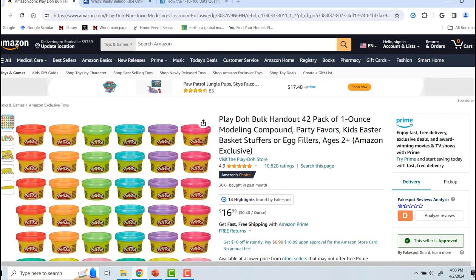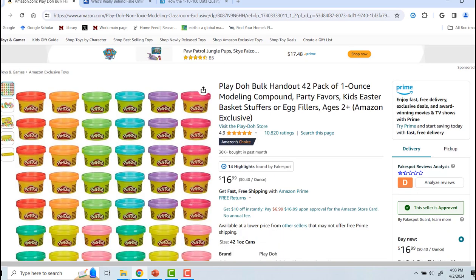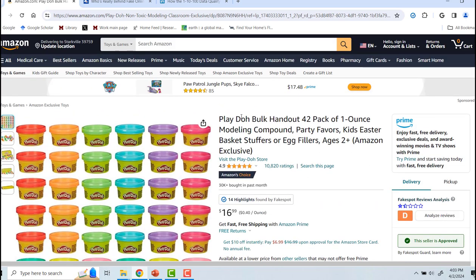So here's Amazon. I don't know why I ended with Play-Doh here, but here we have Play-Doh for kids, I guess, or for adults who've got a lot of time on their hands.